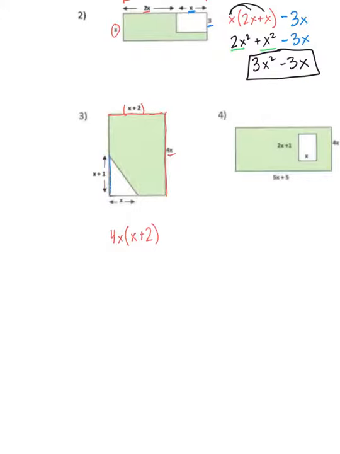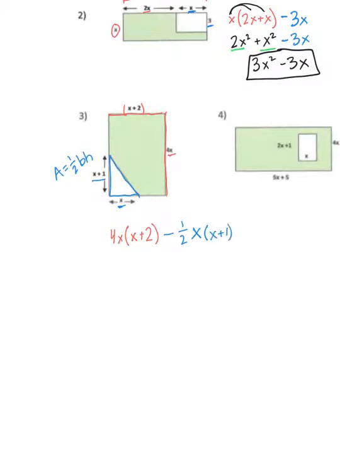And my hole this time is a triangle, it's not a rectangle. So to find the area of a triangle, our equation for that is 1/2 base times height. So when I plug these in, I'm going to have 1/2. My base is x, and my height is x plus 1.